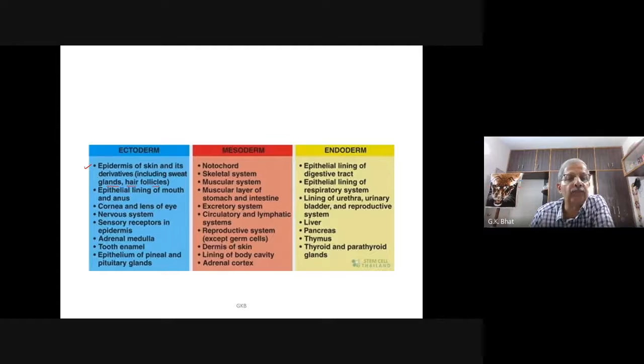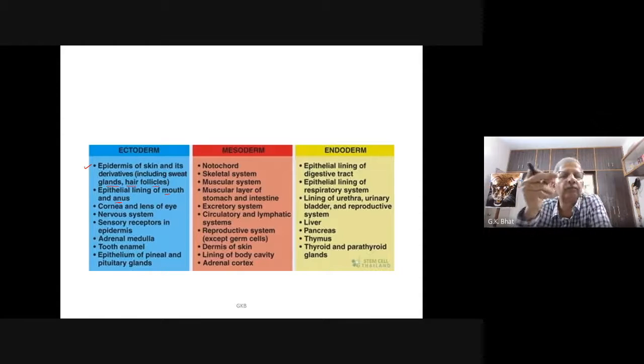Epithelial lining of the mouth and anus. When you open your mouth, you get the epithelial lining. This is also a derivative of ectoderm. Go down, around the anus, whatever lining you have, they are all outermost. That is also an ectodermal derivative. Cornea, the outermost layer of the eye, the exposed part, is an ectodermal derivative.